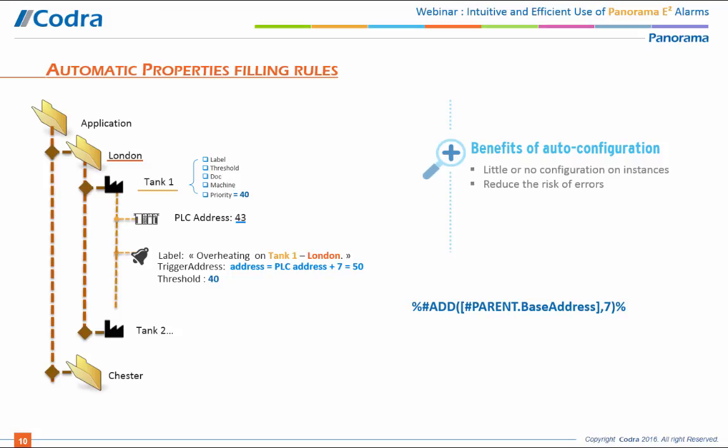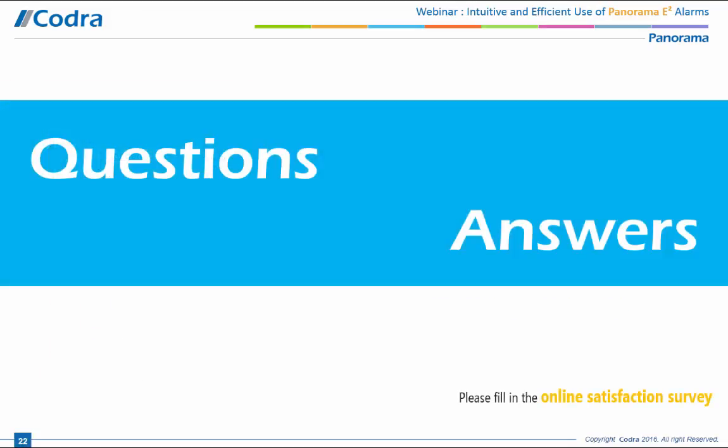Yes, the application we've built together can be run with Panorama E² version 6, and only this calculation in reference was new to Panorama 650, which is in Panorama Suite 2016. So, but yes, the fact we've packaged it as a suite does not change anything for Panorama users. You can still use Panorama E² alone.